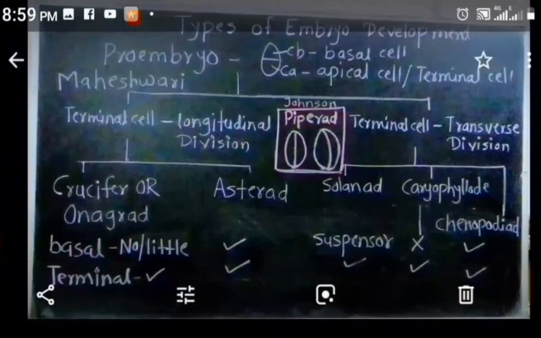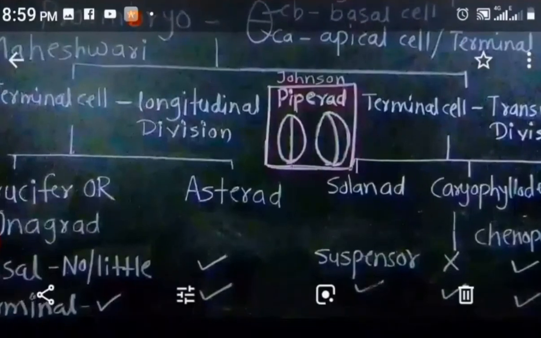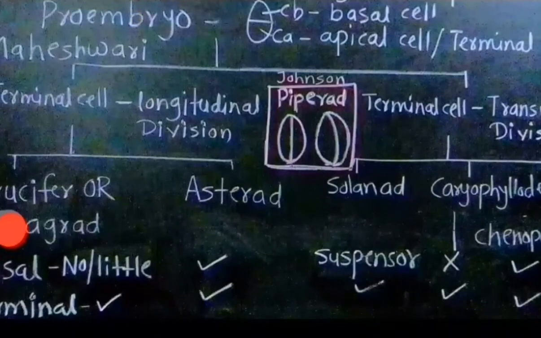Then in the solanad, the basal cell divides and gives rise to the suspensor. In the caryophyllad, it again has no role, and in the chenopodiad it plays a role in the further development.